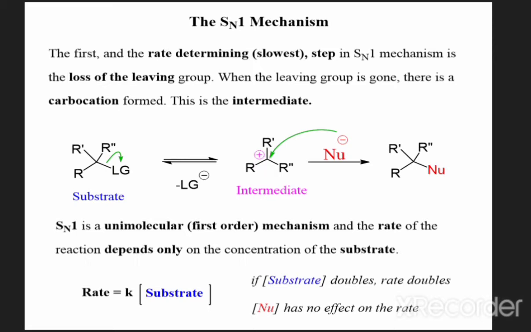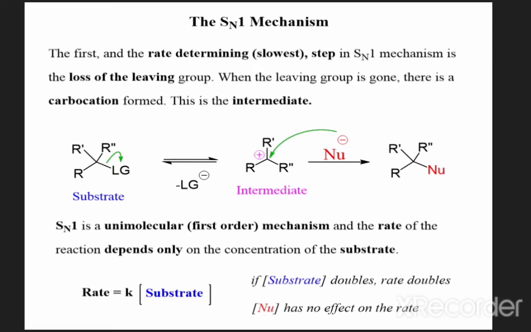So basically SN1 is a unimolecular first order mechanism, and its rate depends upon the concentration of substrate, because the reaction's only starting point is the substrate.